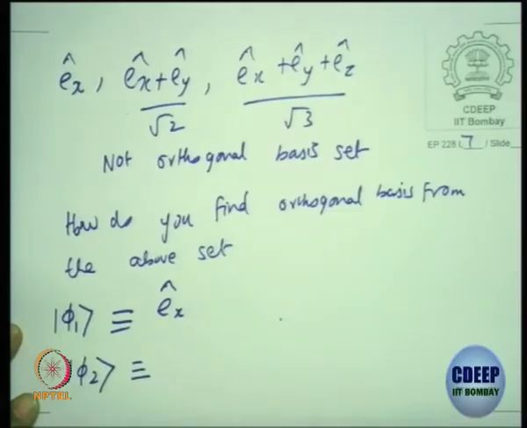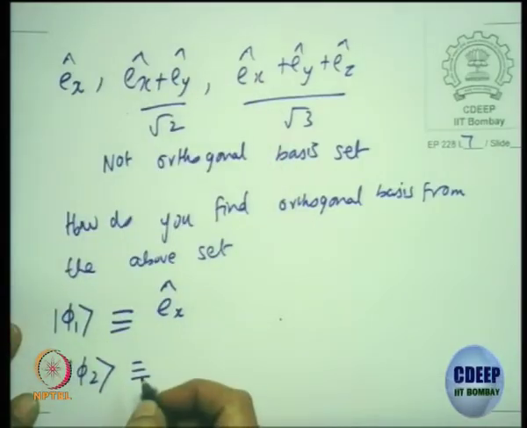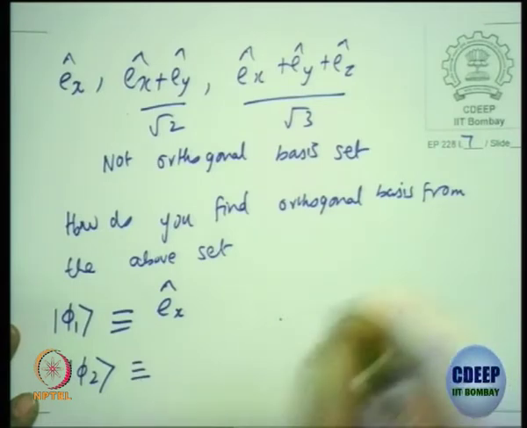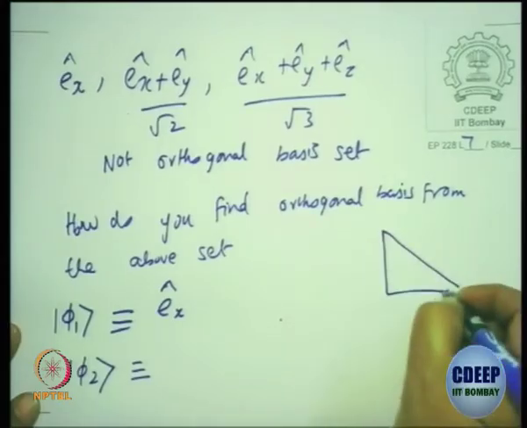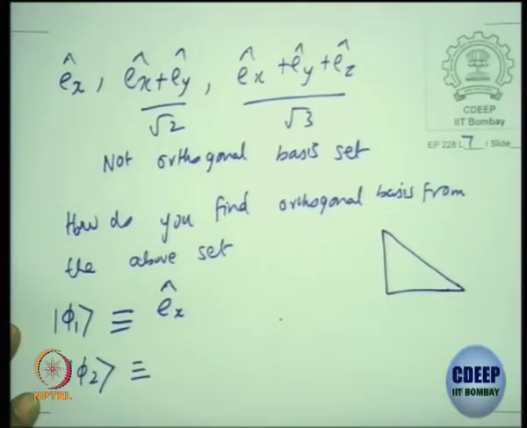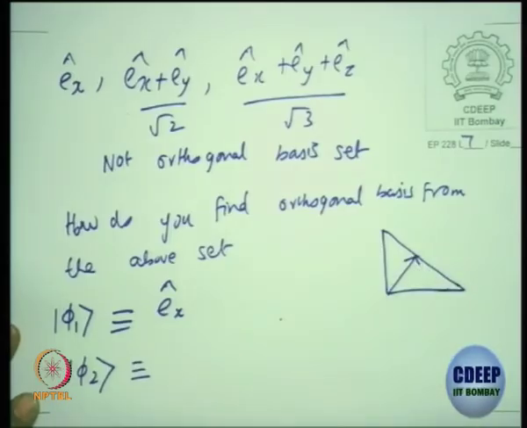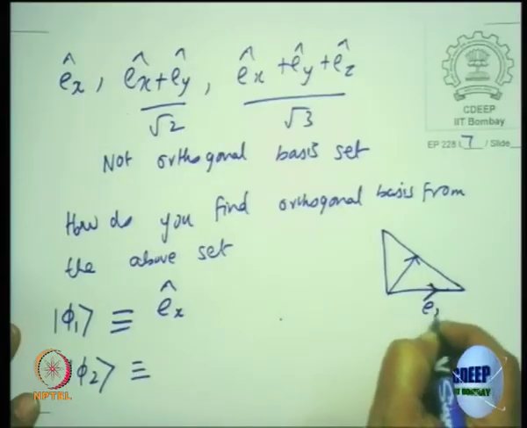What do you do? You take the second state and then subtract out the projection. Let's take it in this picture. You have this state. The first basis I have taken to be Ex.